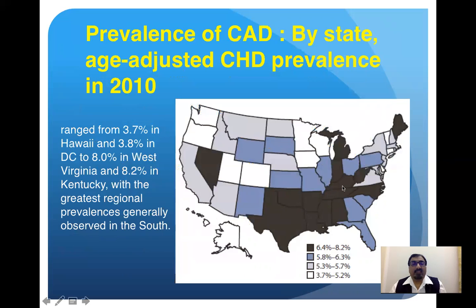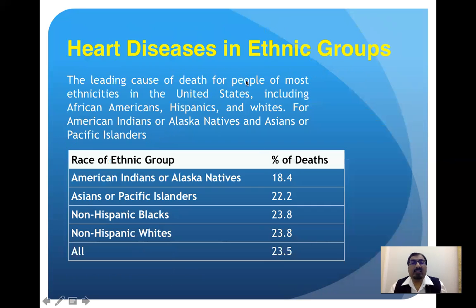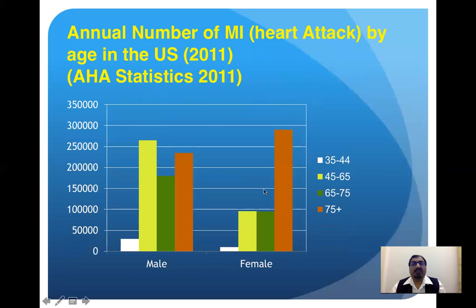You look at this data and you find that the southern and eastern states are more vulnerable to this disease as compared to the western and northern states. And if you look at the ethnic data, the American Indians, Asians or Pacific Islanders, and non-Hispanic whites are all suffering from this disease to the tune of 23.5%.